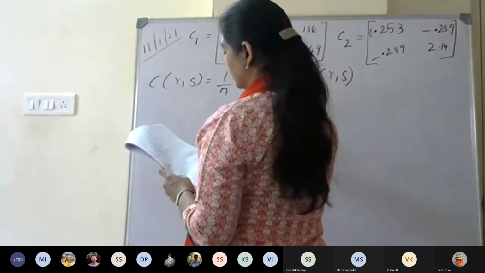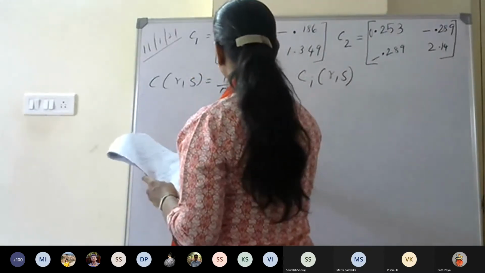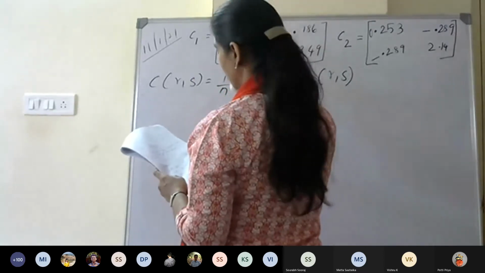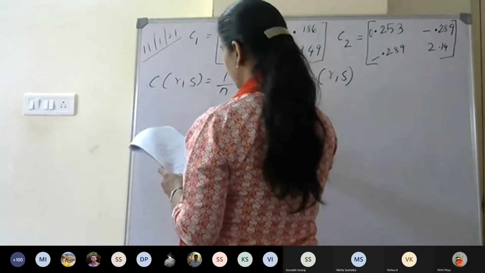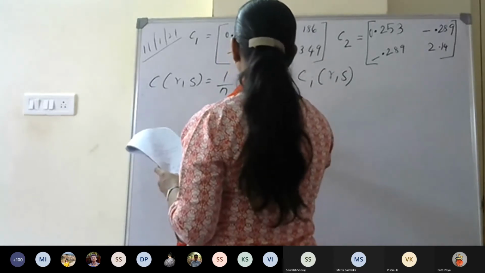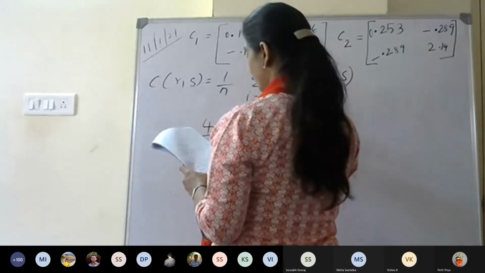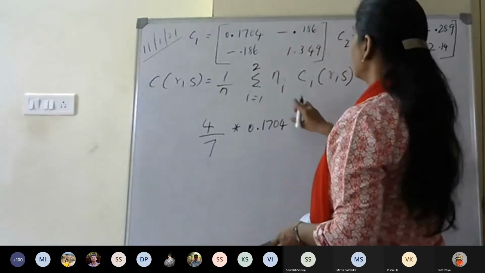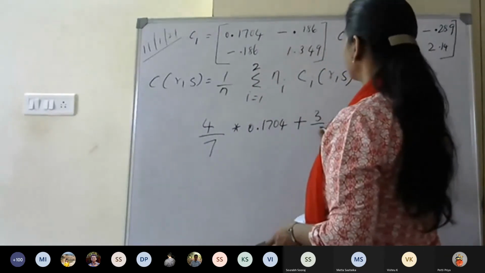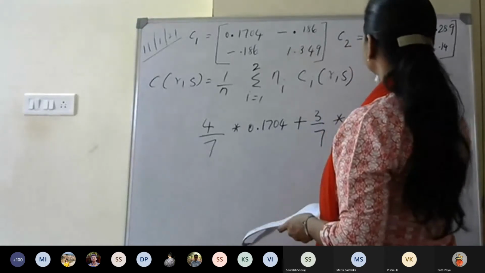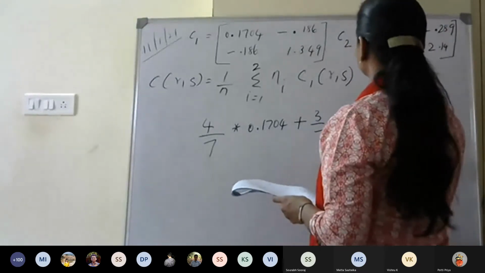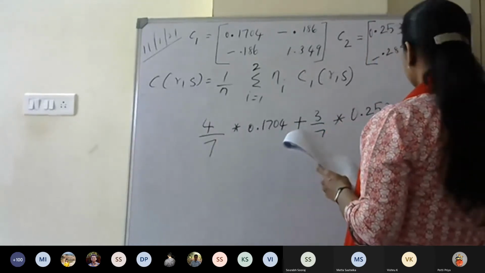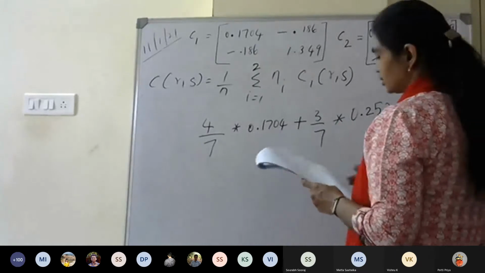So first, we will do for this element. First, let us take this element: 4 by 7 into 0.1704 plus, here there is a sigma, so I am writing plus, Ni will be 3 by 7 into this first element I am taking, 0.253, and that will be 0.205.